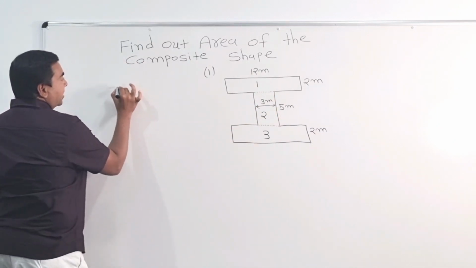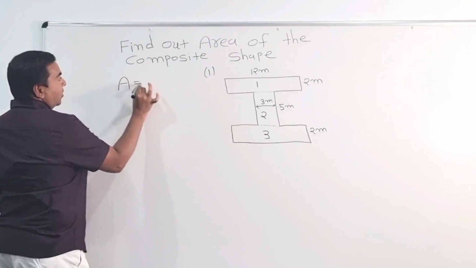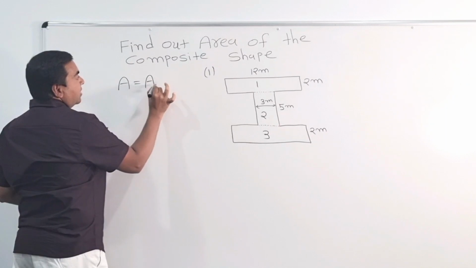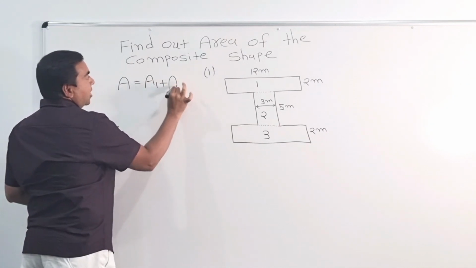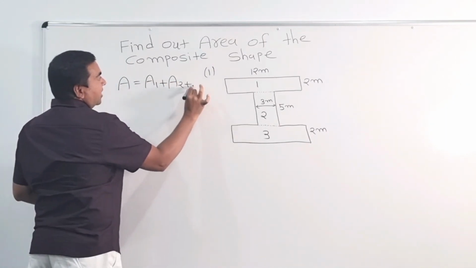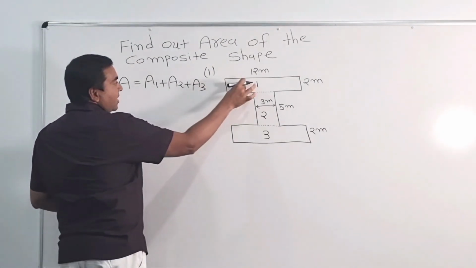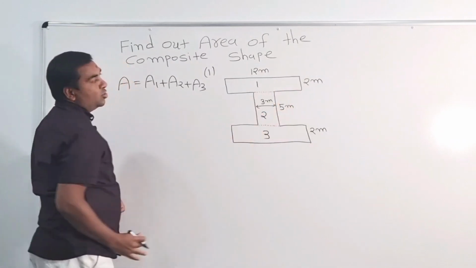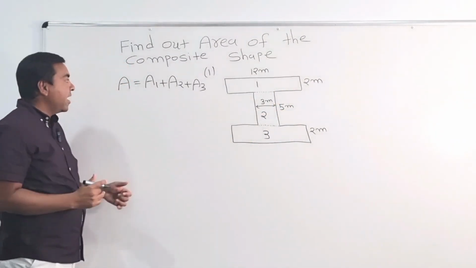So first I'll write area equals area 1 plus area 2 plus area 3. That is going to be my total required area.